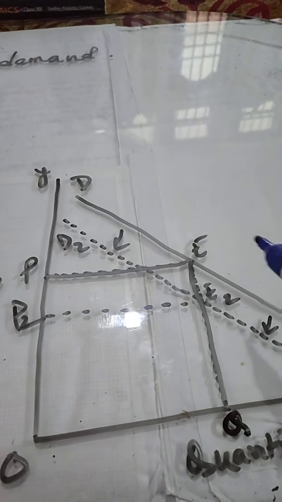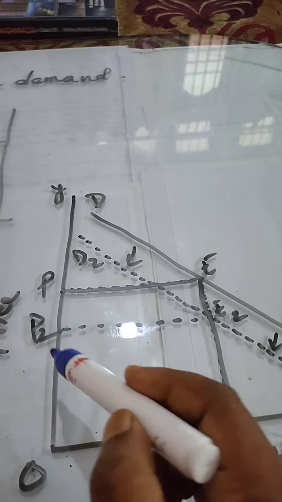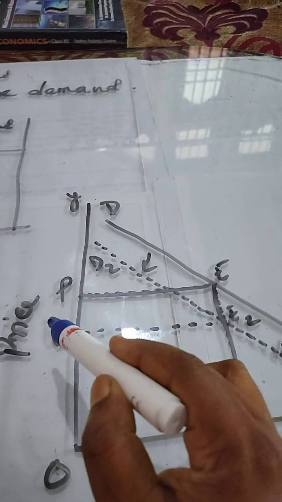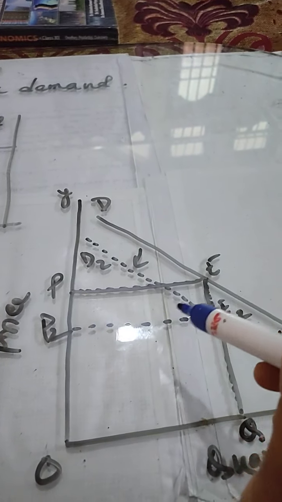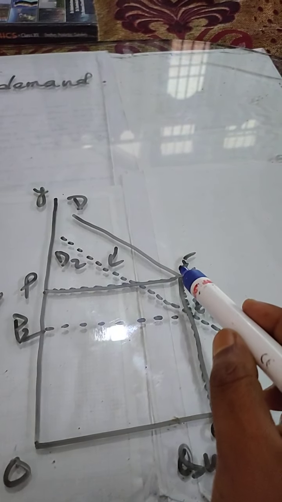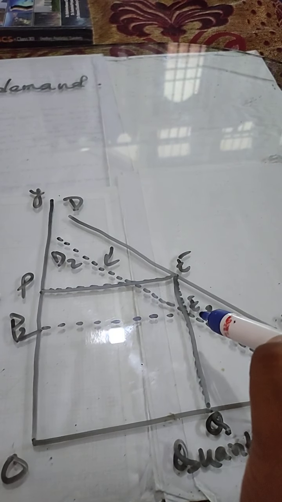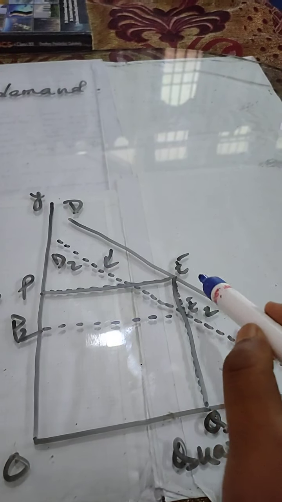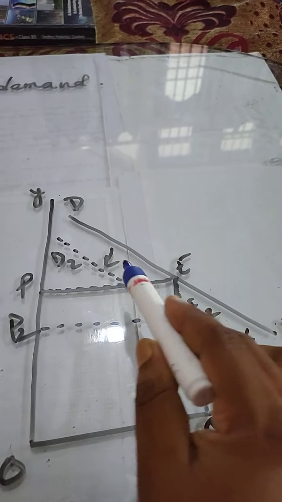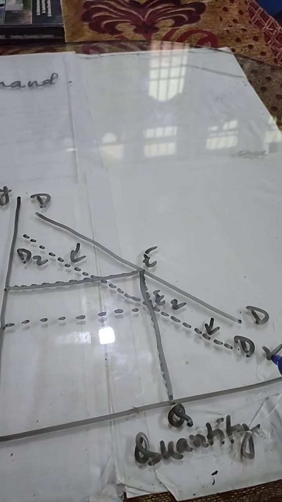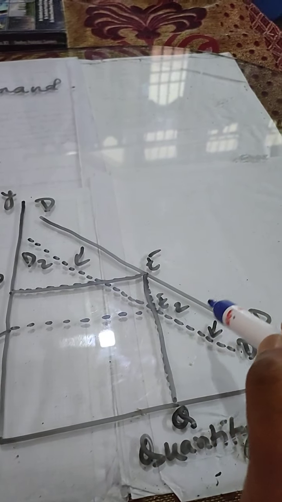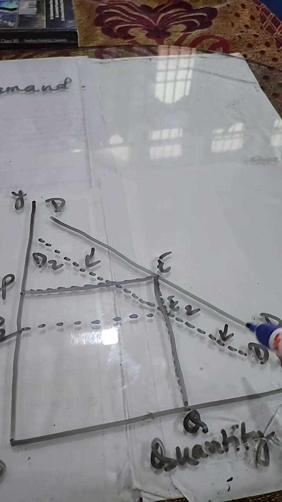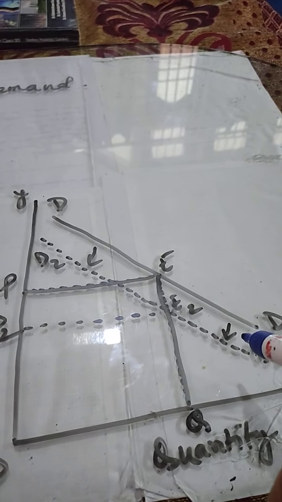Now the price falls from the original price OP to OP2. As a result, the point will shift from E to E2. That is, the original point was E and now the new point is E2. So here we will get another demand curve, that is D2. That means there is a downward shift in the demand curve. What happened in this downward shift of the demand curve?